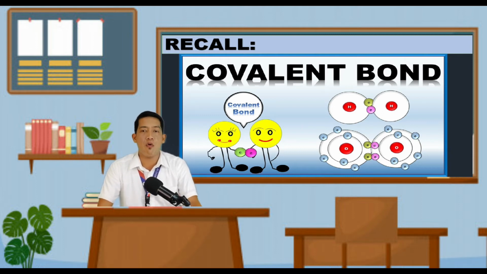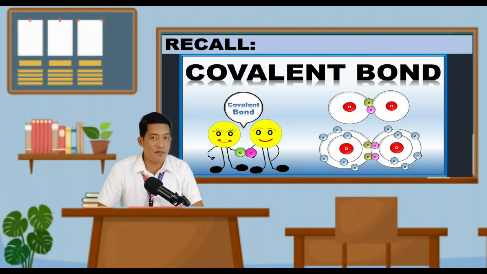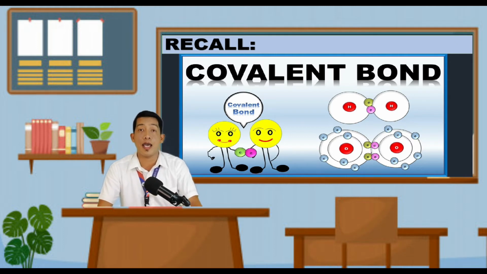Please grab your Module 4 on page 10, Activity 1, as we complete the table by writing the group number, electron configuration, the number of valence electrons, Lewis dot structure, and the number of bonds the following non-metallic elements are likely to form.